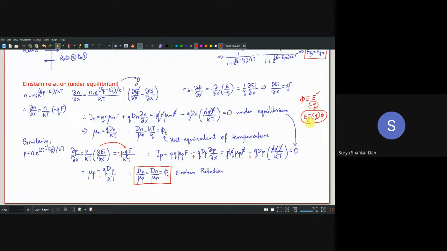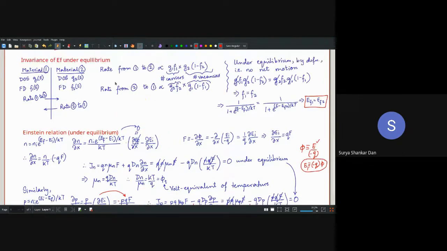Ab EI hi kyun? That we have already seen that EF is invariant, so therefore we can also write del EF by del X, that is always equal to 0.